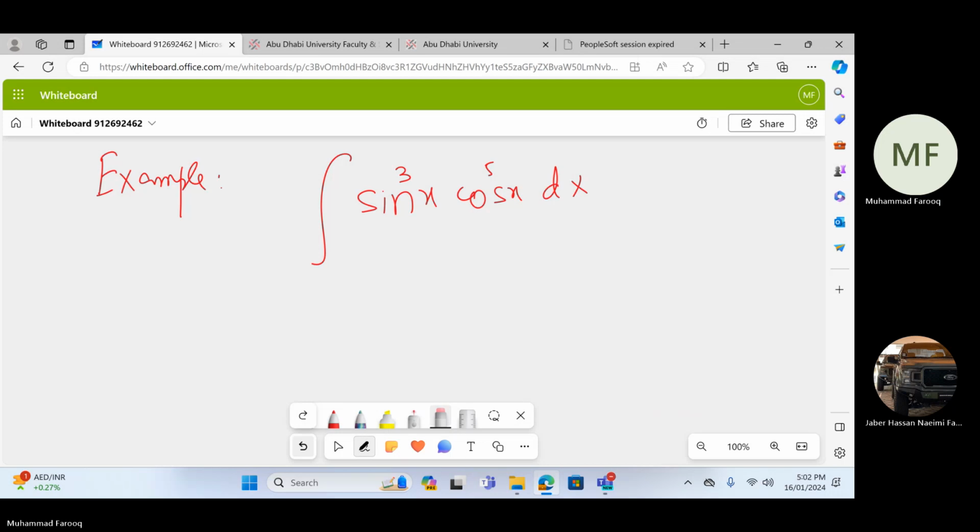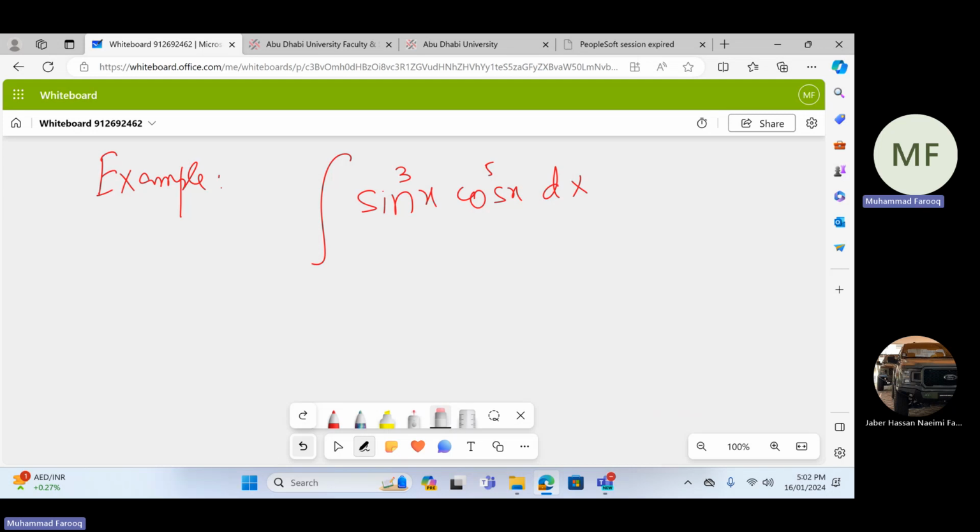Cosine. Yes, please. Actually, you can break any one of them, but the best way is to break the high power, to reduce the intensity. So who has the bigger odd power? Cosine. So break cosine, please.